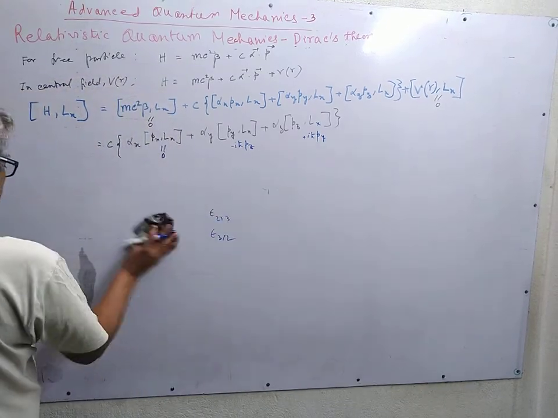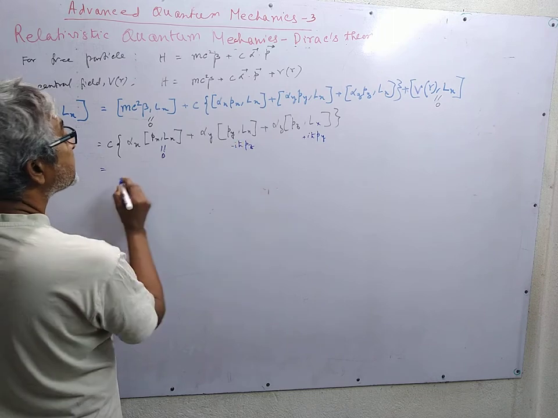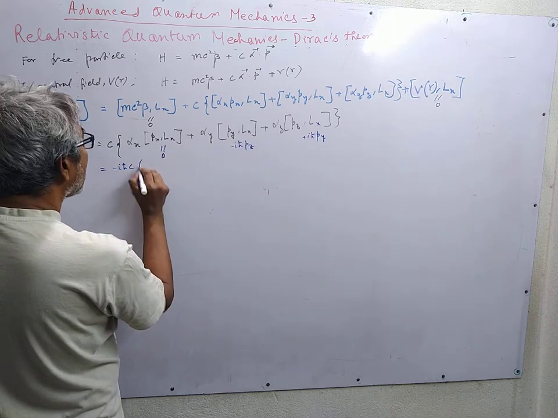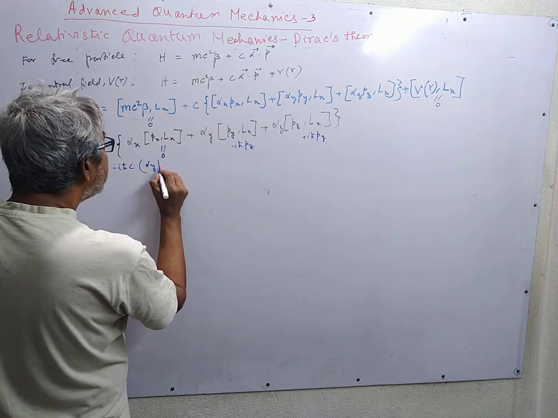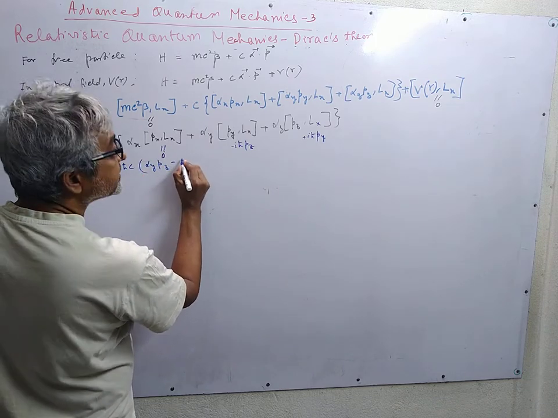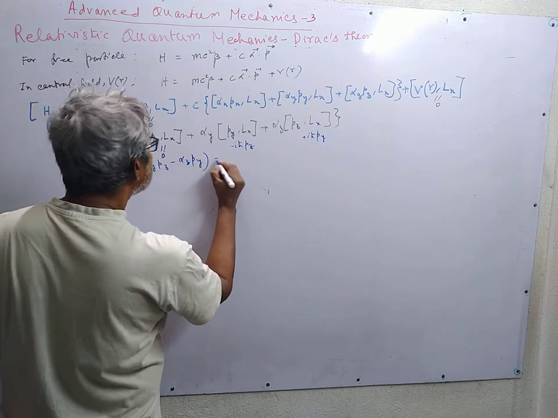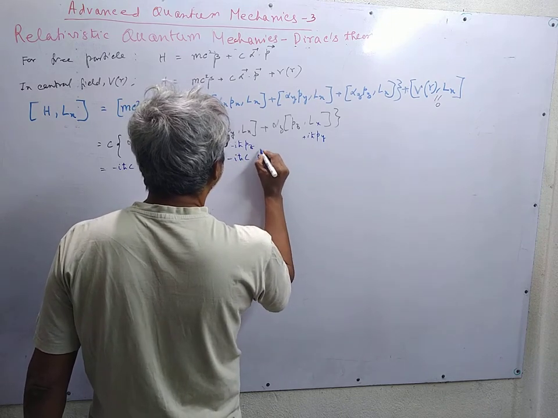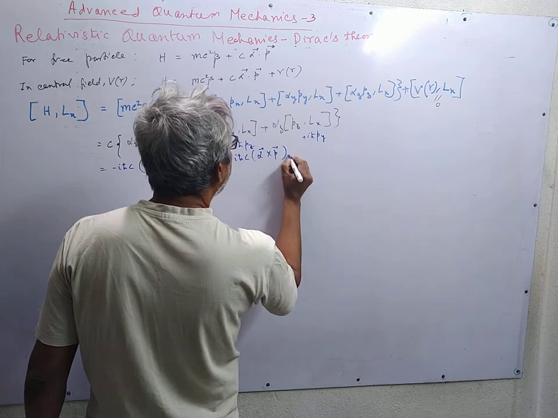So the quantity that we get is, we take minus i h cross c common, then we have alpha y pz minus alpha z py. This is minus i h cross c, the x component of alpha cross p.